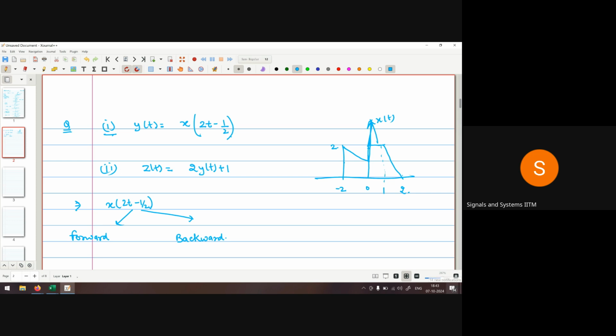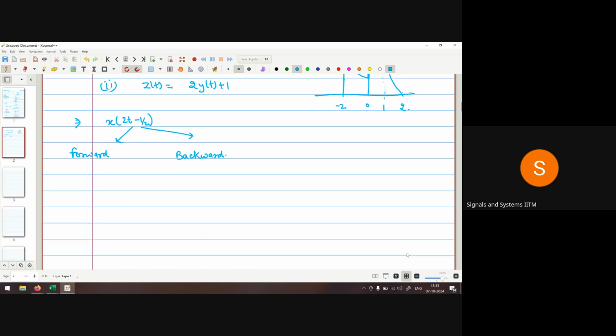We have two approaches, forward and backward. In the forward approach, take a 2 common. First of all, compress the signal by 2, then delay the signal by 1 by 4.